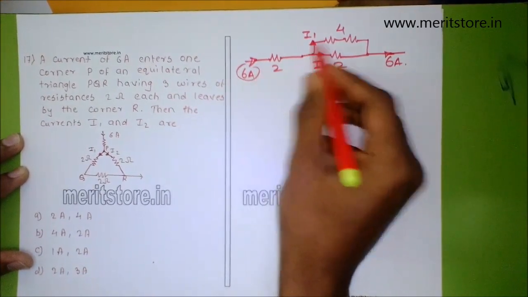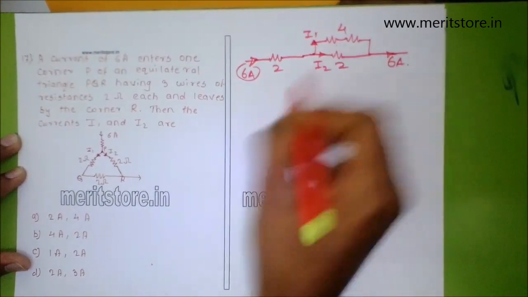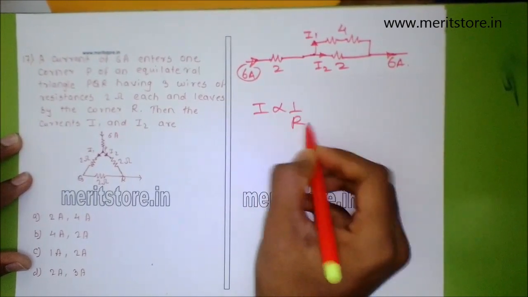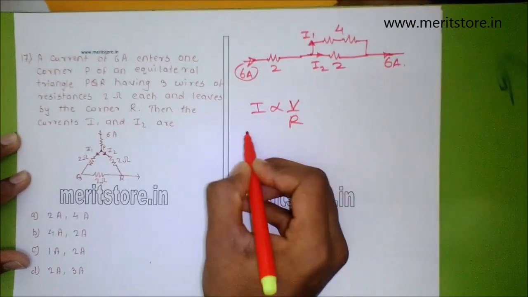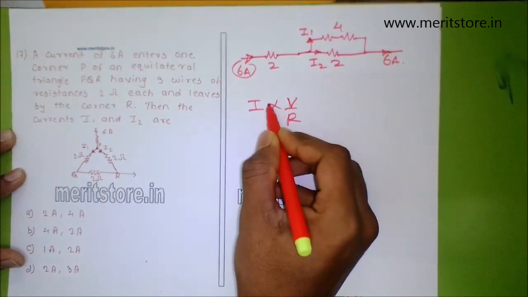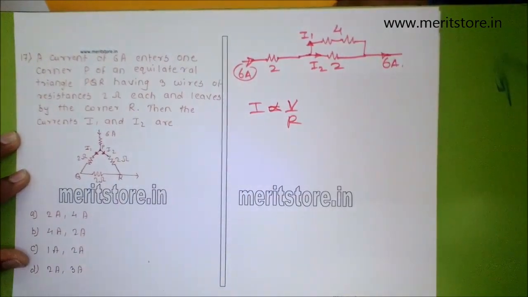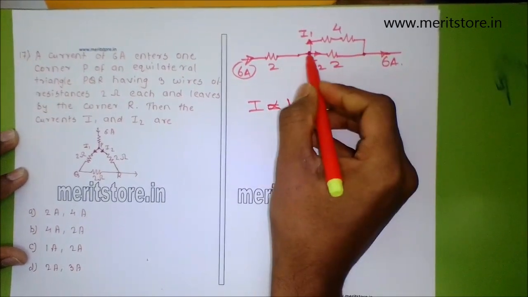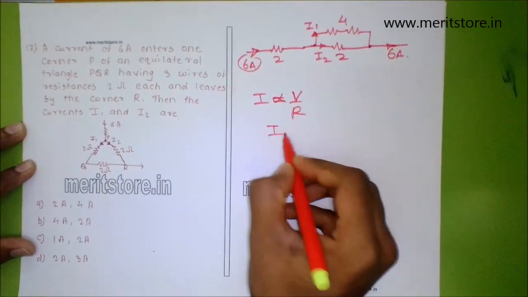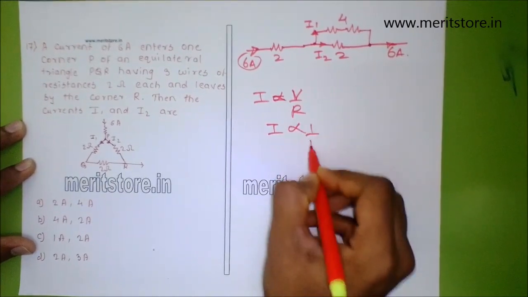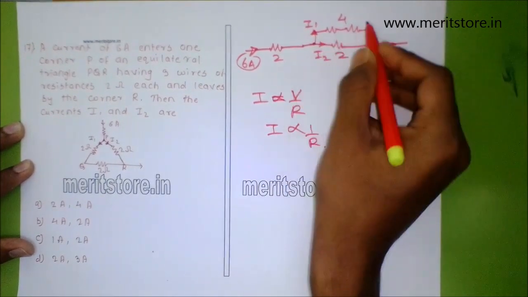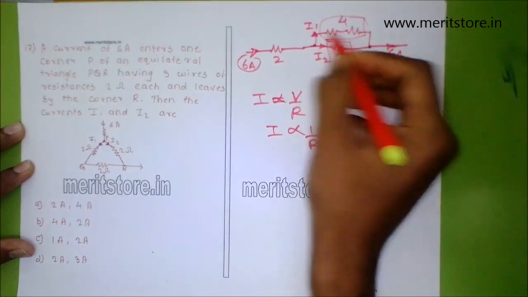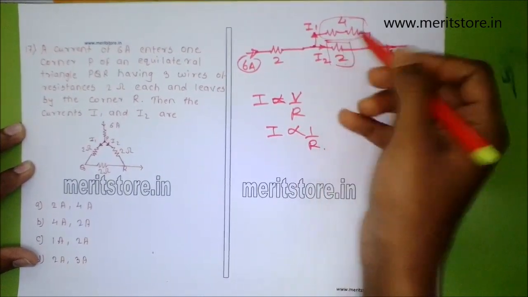This 6 ampere is divided into 2 parts, and as we know, current is inversely proportional to resistance, and the relation is I is equal to V upon R. Since these 2 points have equal potential difference, current is inversely proportional to resistance, which means since there is more resistance in this arm and less resistance in this arm, more current would be flowing here.